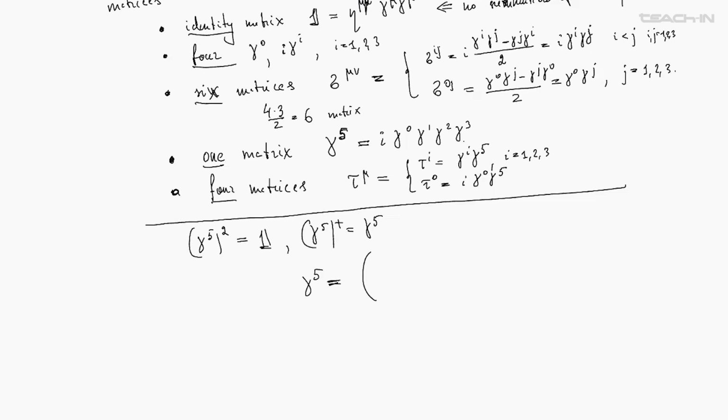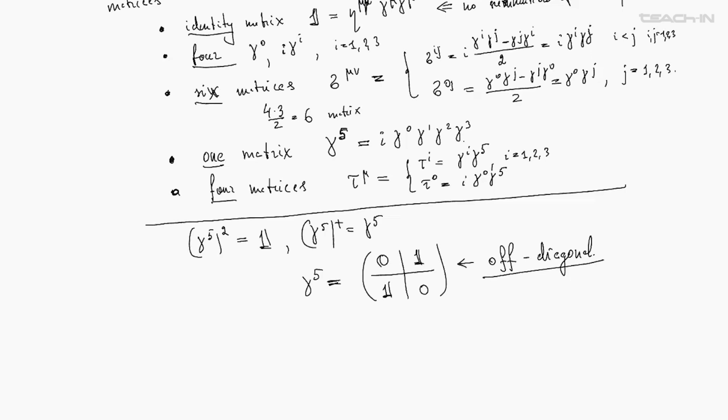So this matrix is explicitly off diagonal. In the Dirac representation, gamma 0 is diagonal and gamma 5 is off diagonal.